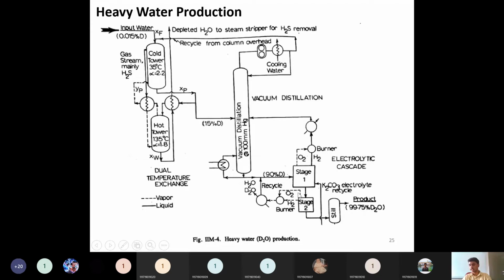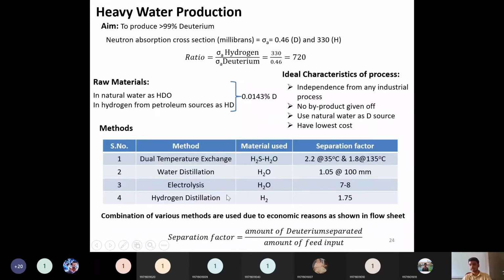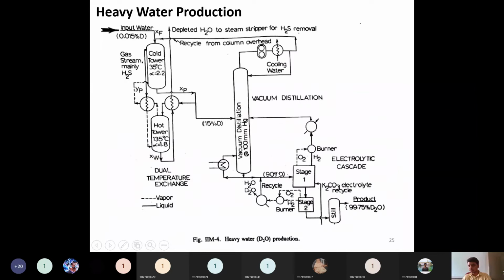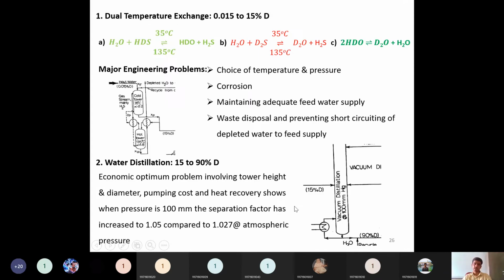Okay, a hydrogen burner is there here. Combining electrolysis stages and hydrogen burners, we can use these two methods, hydrogen distillation and electrolysis, to concentrate your 90% deuterium to 99.75% deuterium. This is the final product which we can directly use in nuclear reactors. So this is the heavy water production.